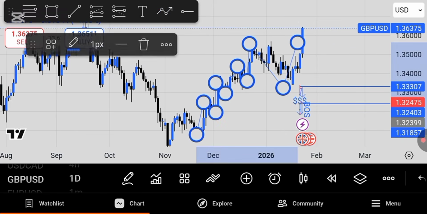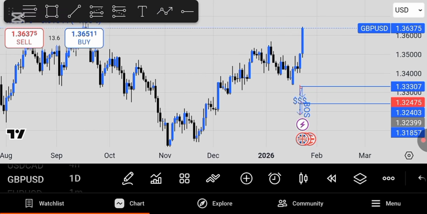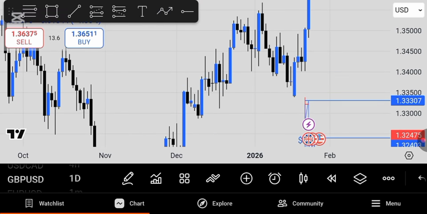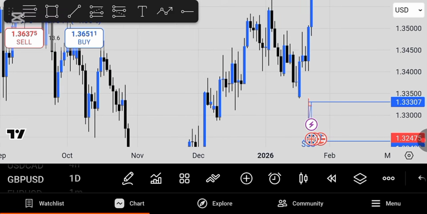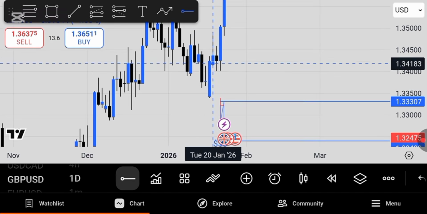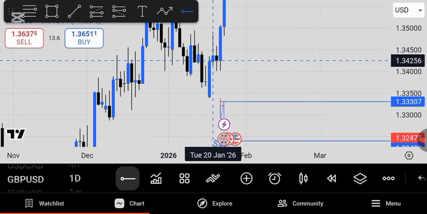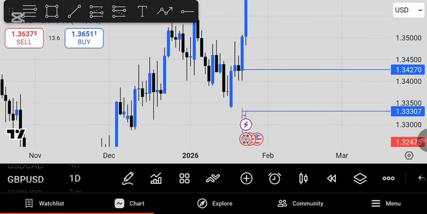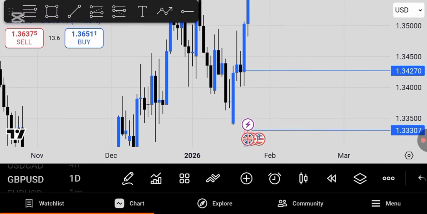Another thing you should do on your higher time frame is check where price is currently reacting to. Now, from here, we have a daily reject daily, which was on Thursday.